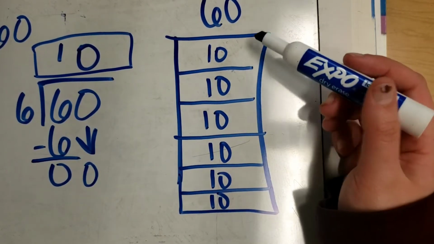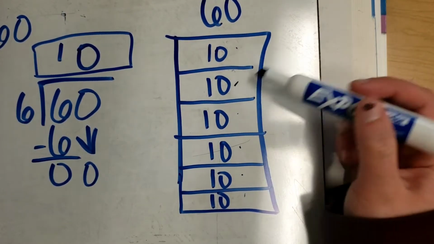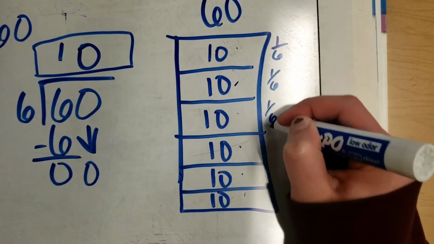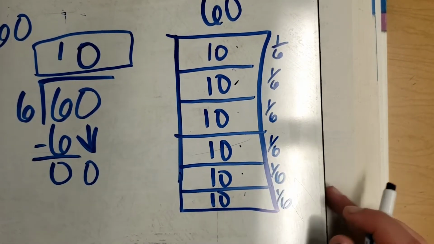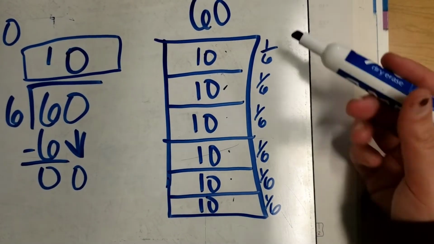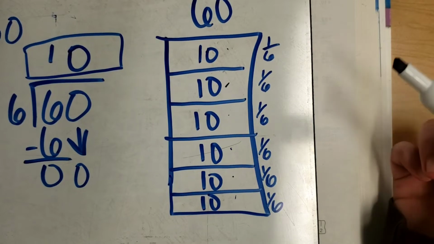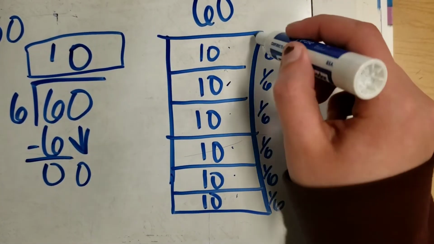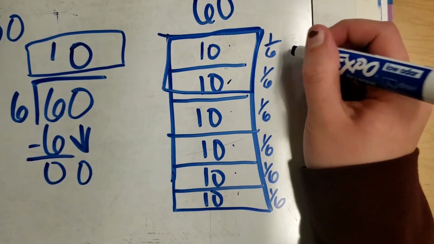So good way to do 1/6. This is all 1/6 of 60. They each equal 1/6. Drawing pictures is very important because it helps you visualize the math instead of just numbers. It's a nice picture. These are all 1/6. Then if it asks you how much is 2/6, we can just take 2 of these and say 10 plus 10 is 20.